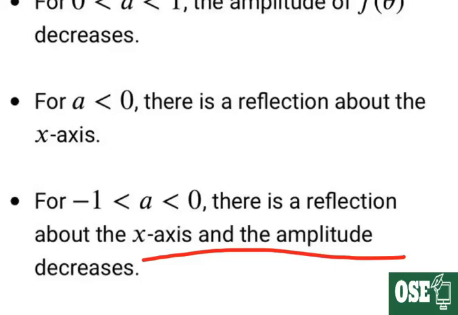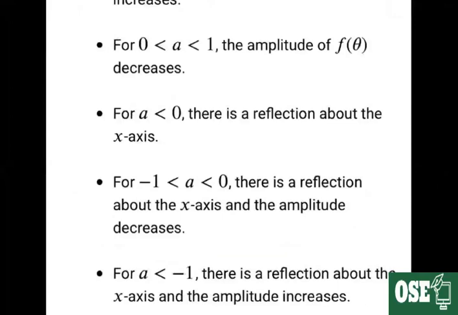And when A is less than -1, there's a reflection about the x-axis and the amplitude increases. I hope that makes sense. So we draw the original graph again.